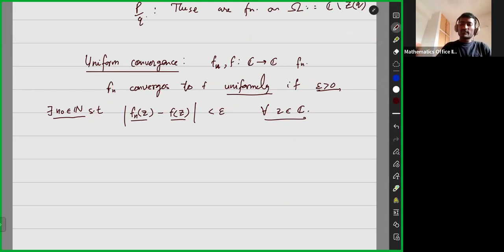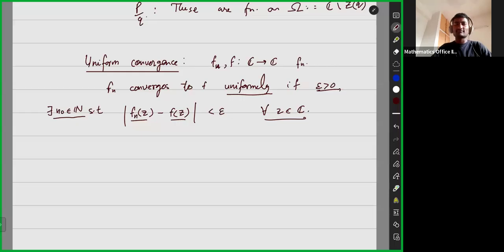Okay, I will just repeat. Please check my understanding. Uniform convergence means that when I take a sequence of functions, there exists a single n naught dependent on epsilon, for which, throughout the domain of definition of the function, for every z, the absolute value of the difference is less than epsilon.